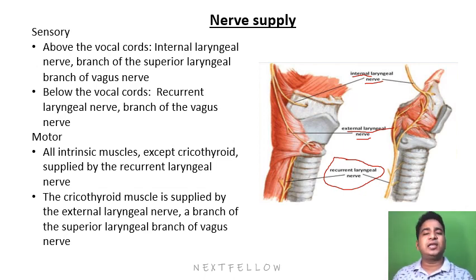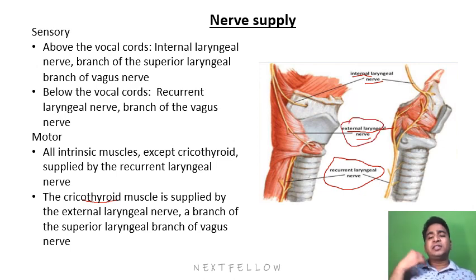We have discussed in the last slide, the cricothyroid muscle is the only intrinsic muscle which is lying outside the laryngeal framework. So all intrinsic muscles except cricothyroid are supplied by the recurrent laryngeal nerve, and the cricothyroid muscle is supplied by the external laryngeal nerve.